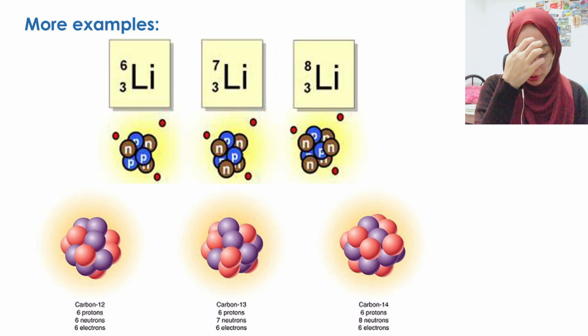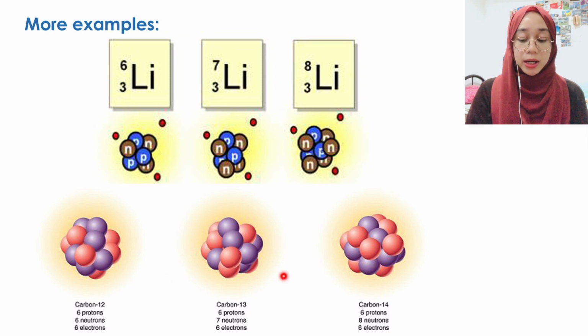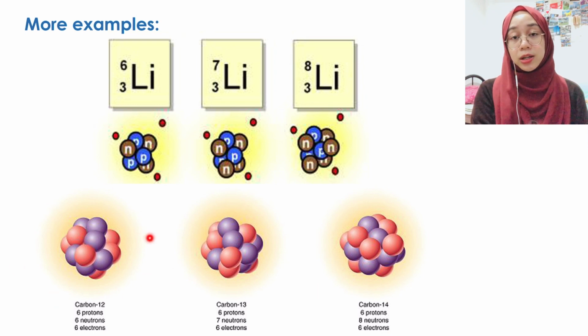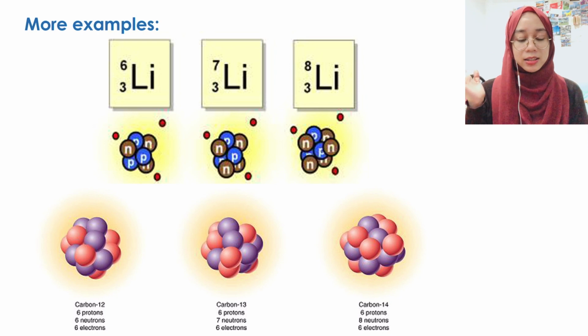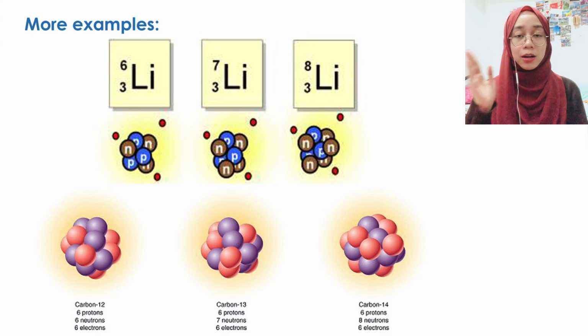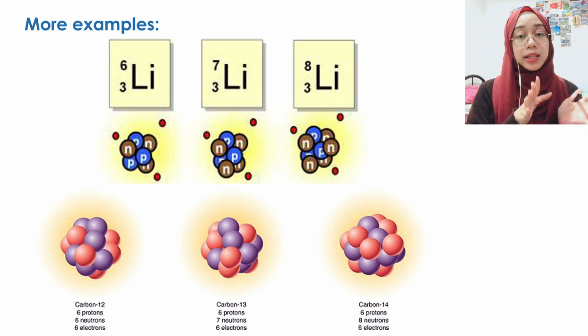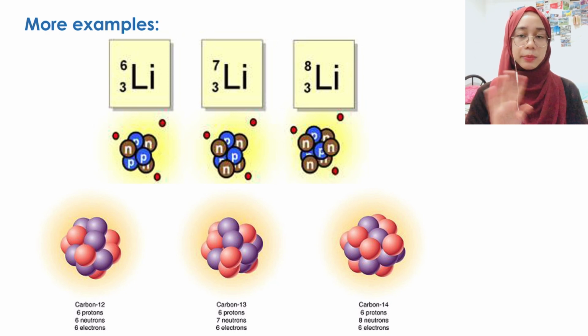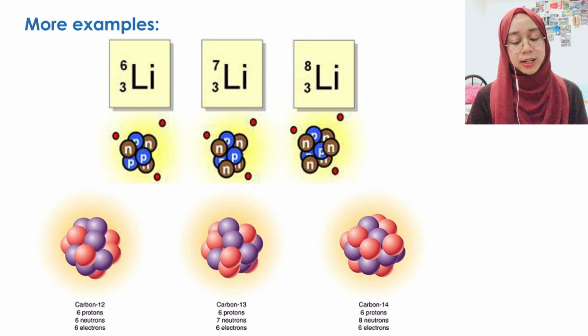Okay, and then yang bawah ni pula adalah carbon. Carbon pun ada isotope dia juga, carbon 12, carbon 13, carbon 14. Tapi yang paling famous is actually carbon 12, sebab dia yang paling banyak ada dekat permukaan kita ni. Carbon 12 yang paling stable, so dia yang paling banyak. Yang carbon 13 dengan carbon 14 ni dia tak stable sangat, so dia sebenarnya tak banyak pun ada.